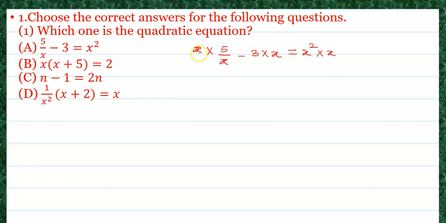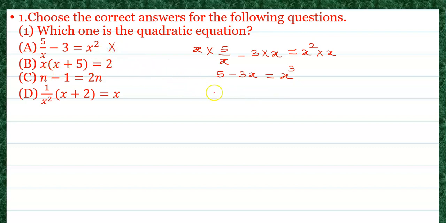Here x will get cancelled and you will get 5 minus 3x is equal to x cube. The highest power of the variable x is cube, and therefore this is not a quadratic equation. The first is not a quadratic equation.